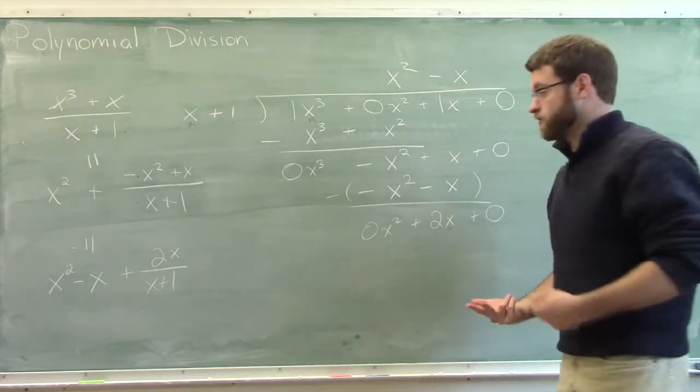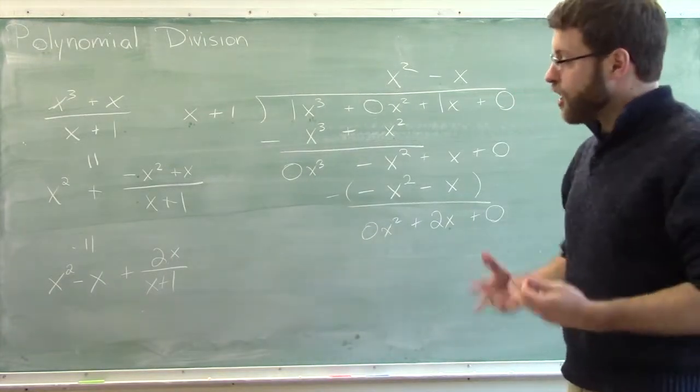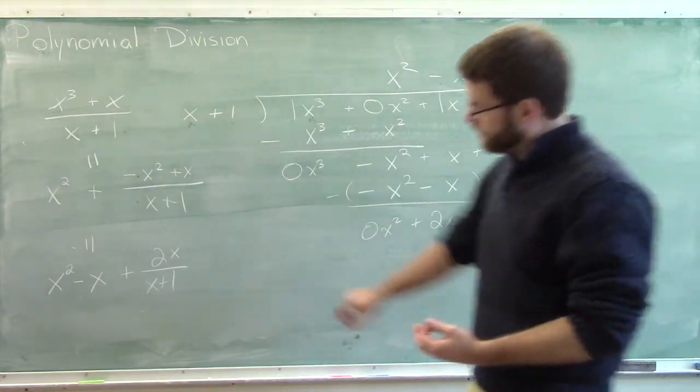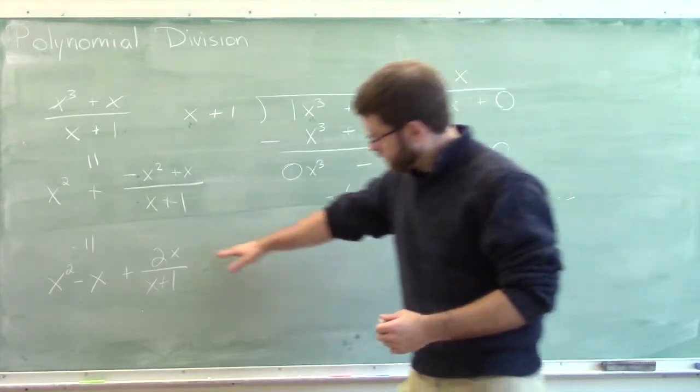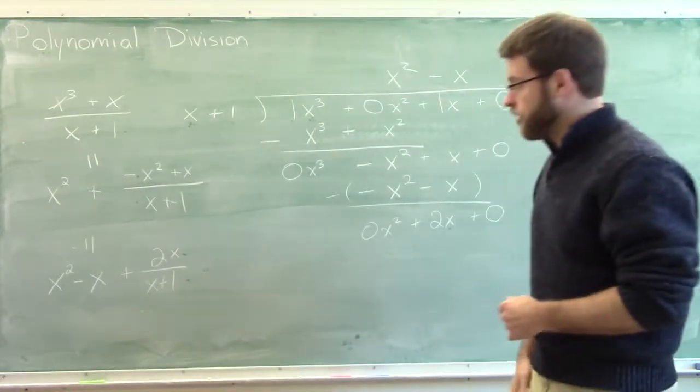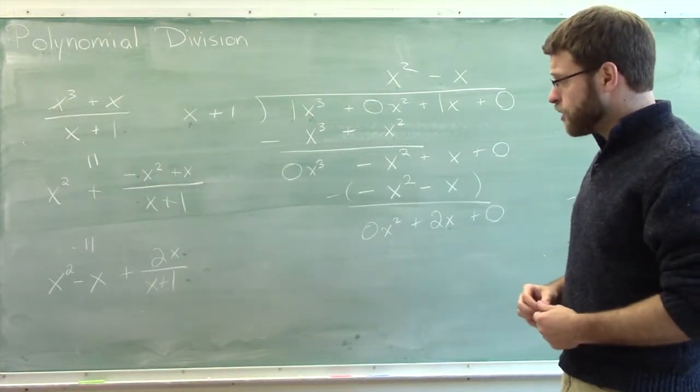So that's two steps of polynomial division. And we can go one more step and still have a rational function, a function with a polynomial in the numerator and a polynomial in the denominator. So we'll go ahead and do that.